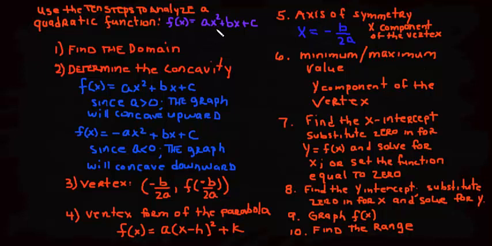But ax squared plus bx plus c is the standard form of a quadratic function, and it has the same characteristics when finding a domain of a polynomial function, which in this case will be from negative infinity to positive infinity. So the domain will be from negative infinity to positive infinity for this type of function.